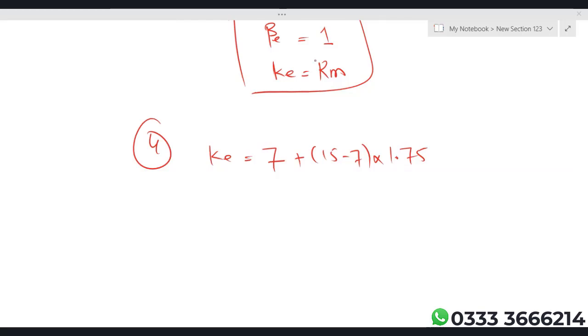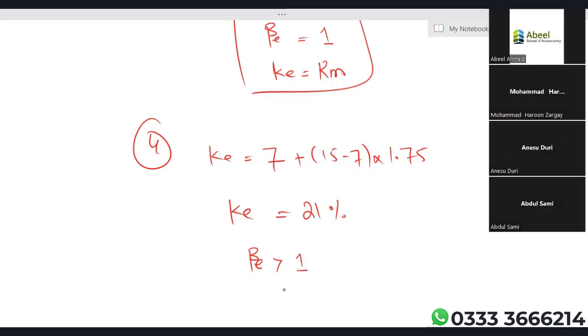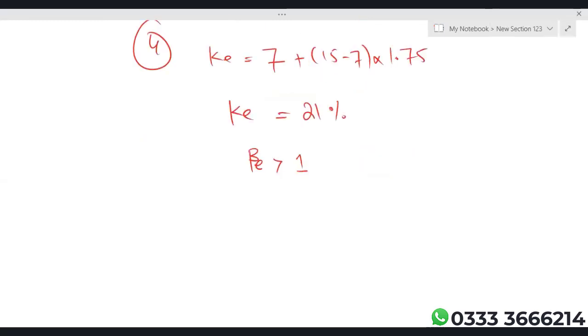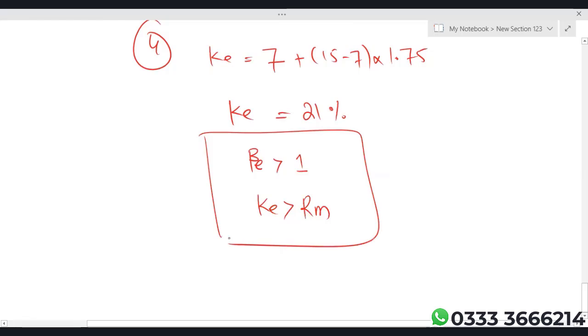Yes or no, please reply. 21. Now listen carefully. Whenever equity beta is more than 1, it means your investment is more risky than the market. When your investment is more risky than the market, I'm going to demand a return which is more than the market. So whenever equity beta is more than 1, your KE will be more than RM.